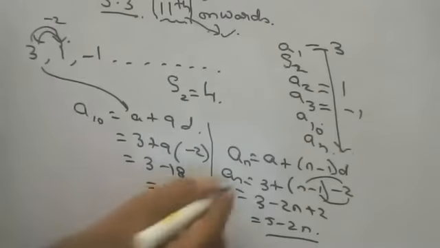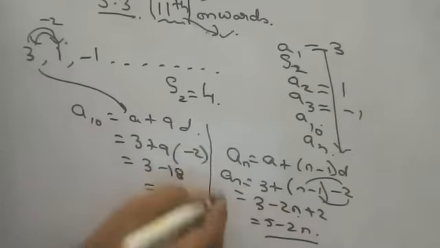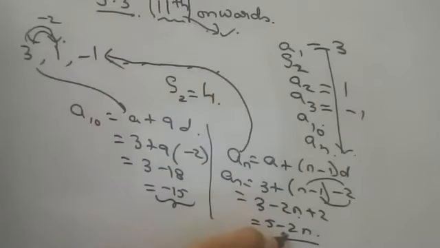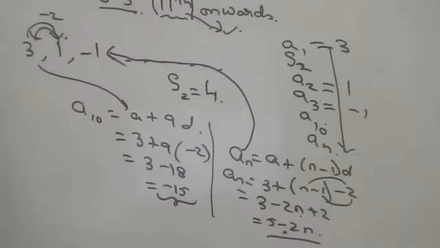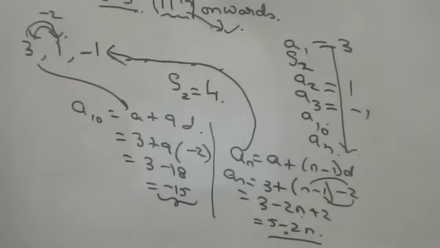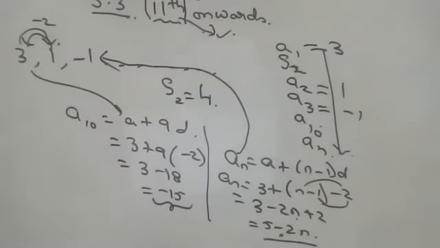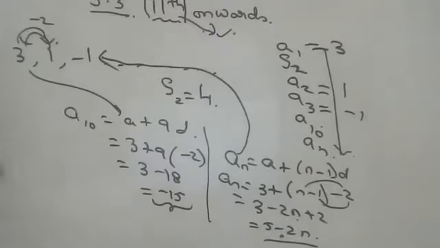Okay, children? Whenever they ask for the nth term, don't substitute anything in it. This is the formula only for this sequence. This is how you are going to do the 11th sum. The 11th sum is a very, very important sum in this lesson. In fact, in the whole chapter, the 11th sum is very, very important.